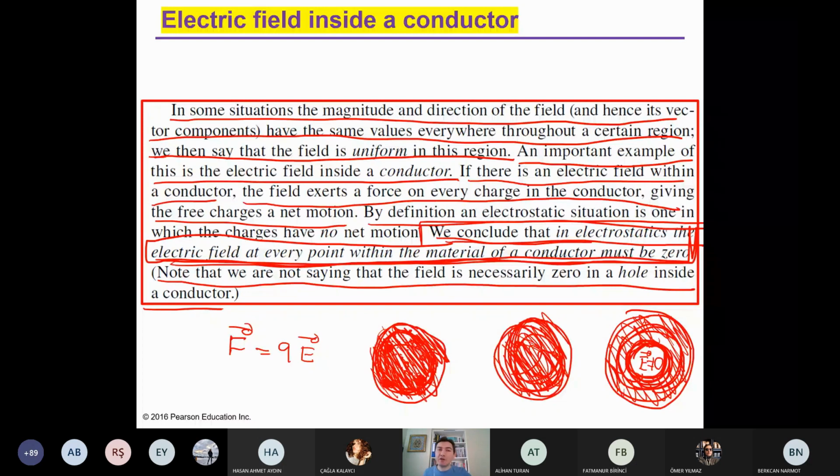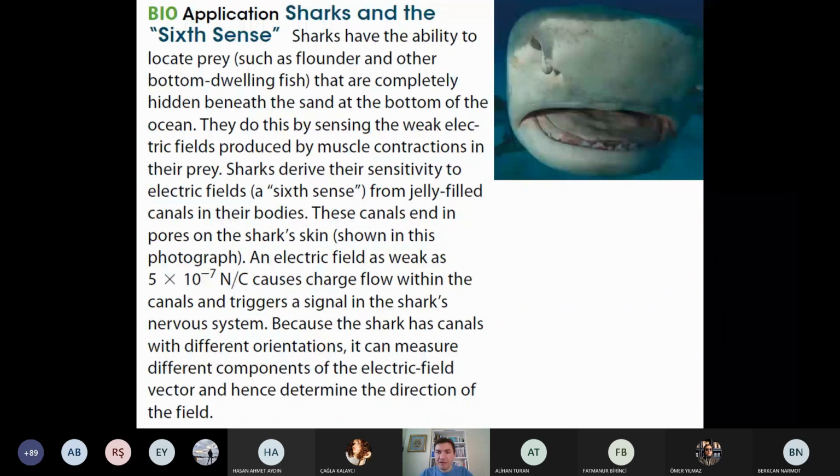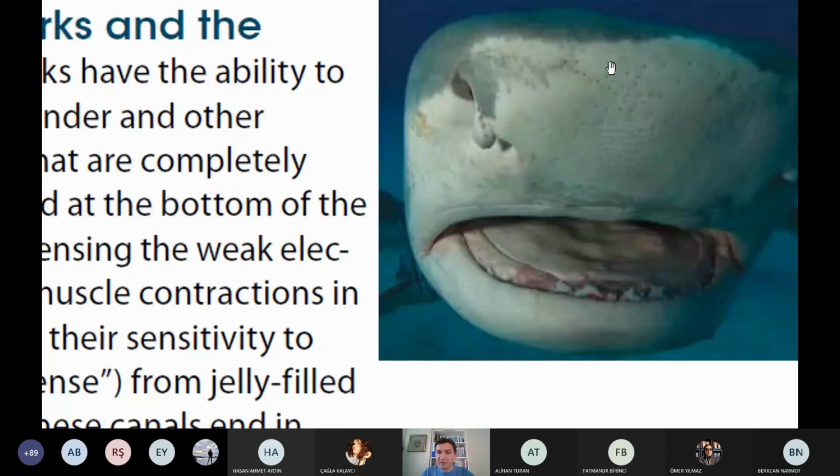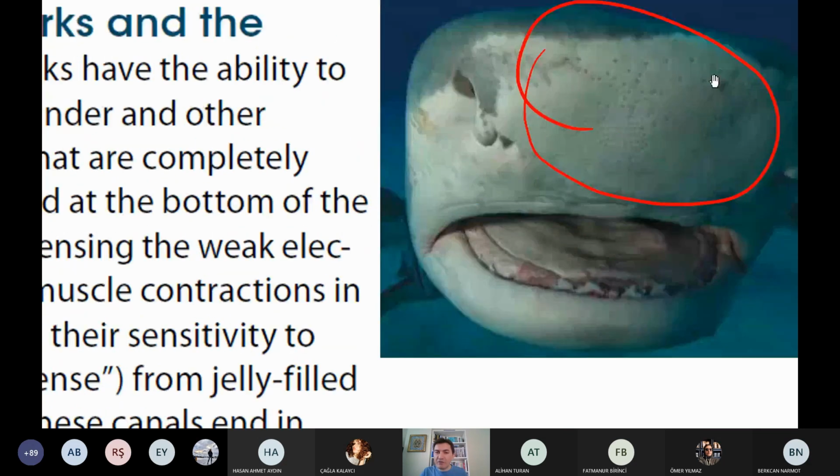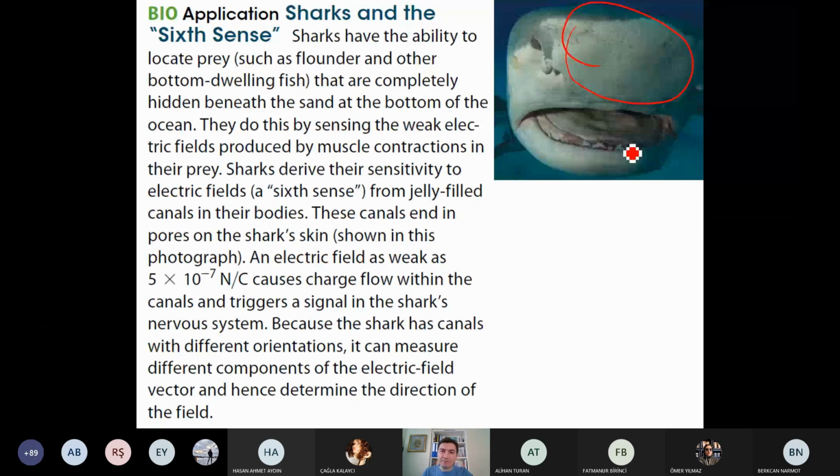Then let me continue with the bio application, sharks and the sixth sense. Here you see a shark. I would like to magnify the picture. Can you see these points on the skin of the shark? There are many points on the surface of this shark. So what about the duty or property of these points?